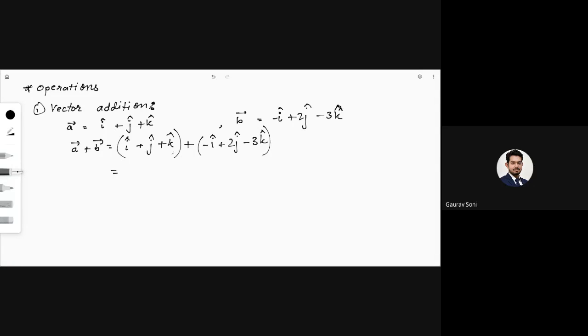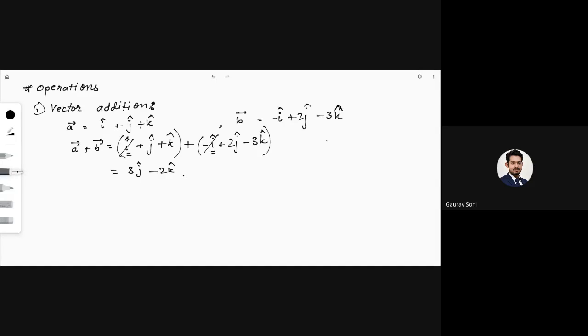Collect the coefficients of I: minus I will get cancelled out. J plus 2J becomes 3J. K minus 3K is minus 2K bar. This is how we add the vectors.